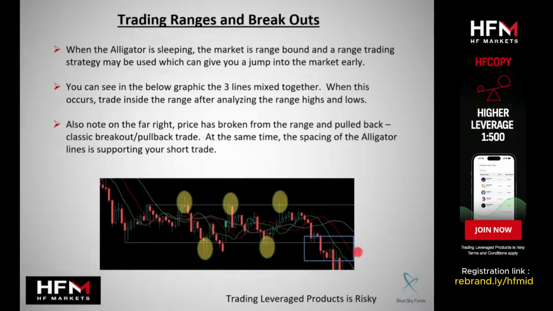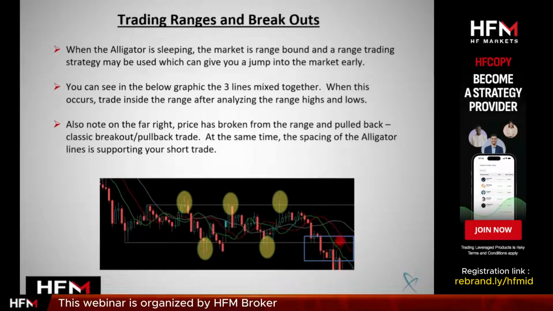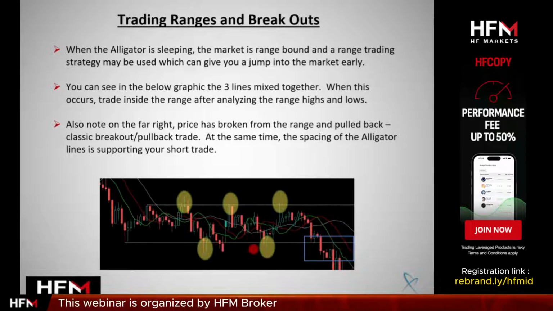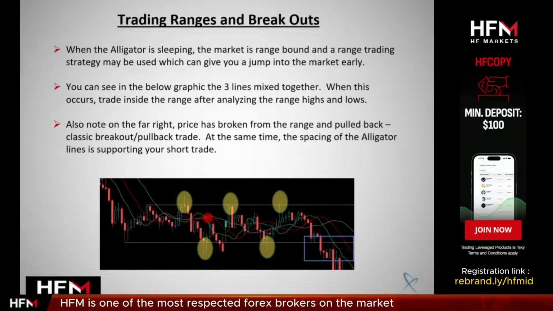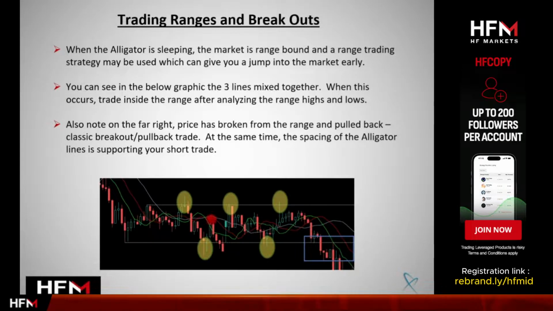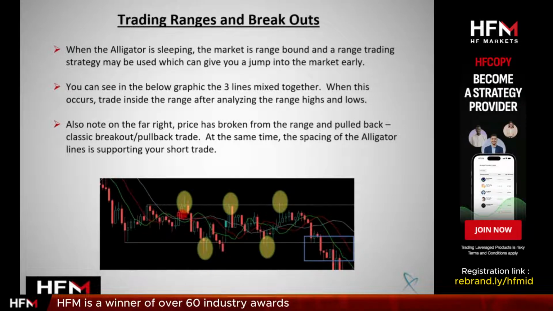So that would be the price activity you would be keeping an eye out for. You have the alligator lines crossing the blue one quite sharply, not like here. They're crossing together, and the red one is still lingering around the blue one. That wouldn't be really a good trading opportunity considering the price activity here on the left side.